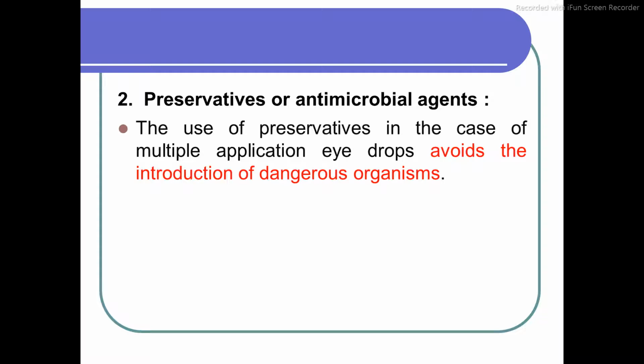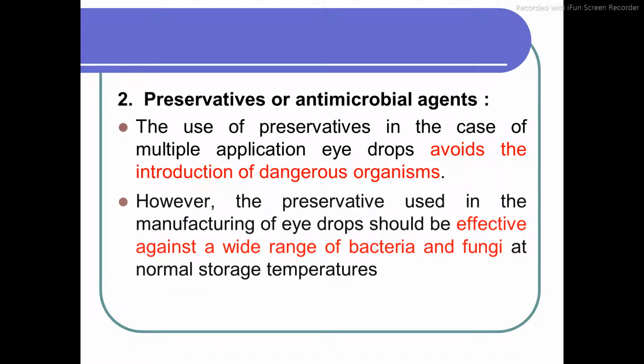However, the preservative used in manufacturing of eye drops should be effective against a wide range of bacteria and fungi at normal storage temperature. So whatever preservative we are using must have an antimicrobial effect against various types of bacteria and fungi.